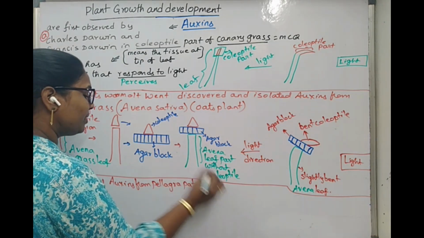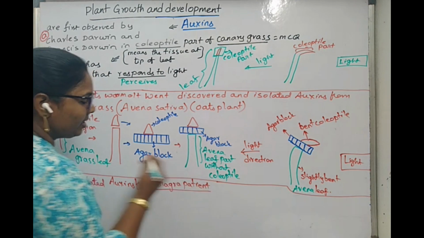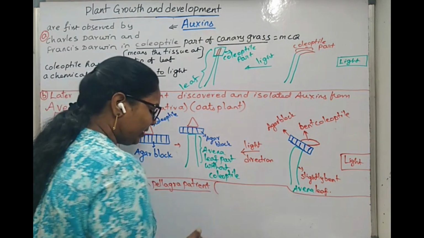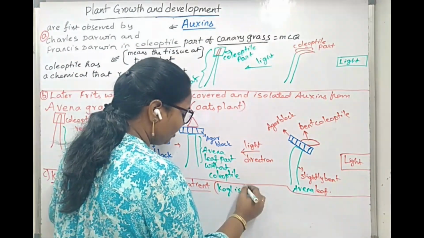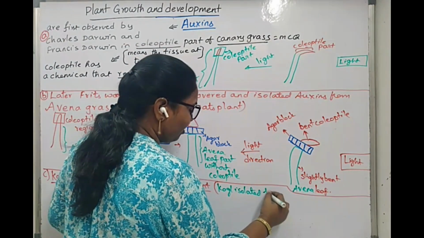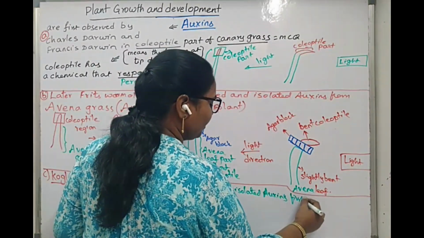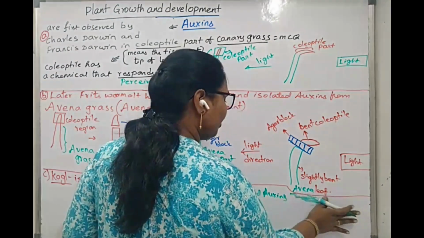Now, if an MCQ is asked, who first or initially isolated auxins from humans, the answer will be Kogl, because the pellagra patients are humans. Write that point also: Kogl isolated auxins first from humans.